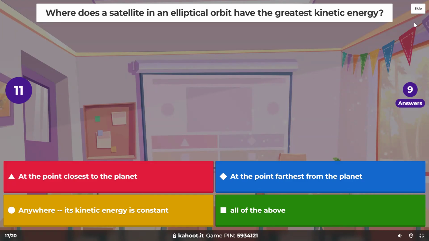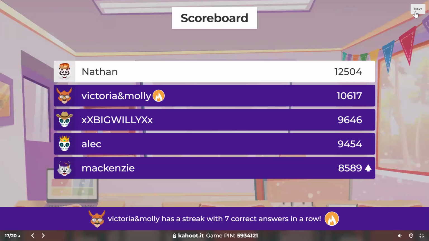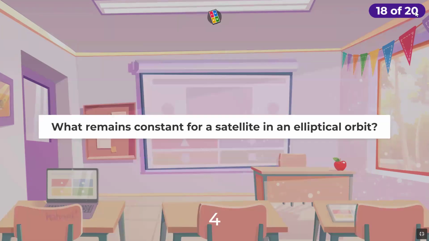At the point closest to the planet. Because the closer something is, the faster it is. The greatest kinetic energy will be going. Yeah, there you go. It's close, going a little faster, more kinetic energy. All right, Mackenzie, Alec, Big Willie, Victoria Molly, Nathan.